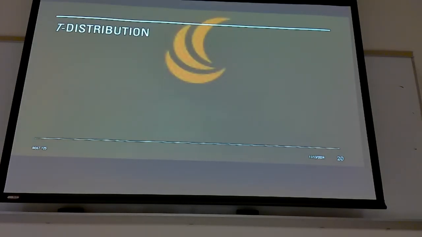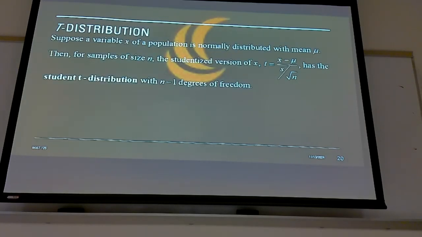So we have a variable x of a population normally distributed with mean mu. For samples of size n, the studentized version of x is t equals x minus mu over s divided by root n. And this has the student t distribution with n minus 1 degrees of freedom.